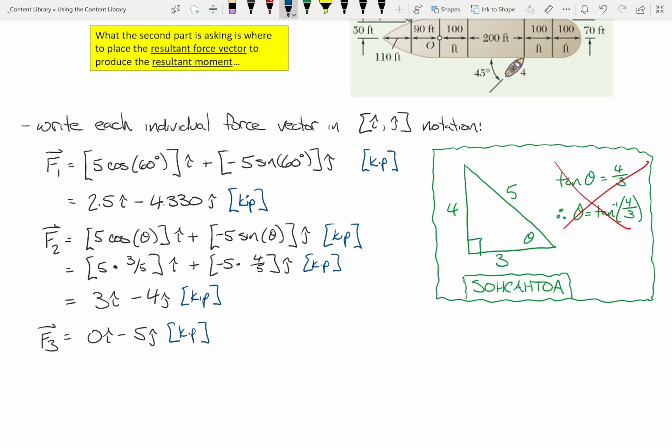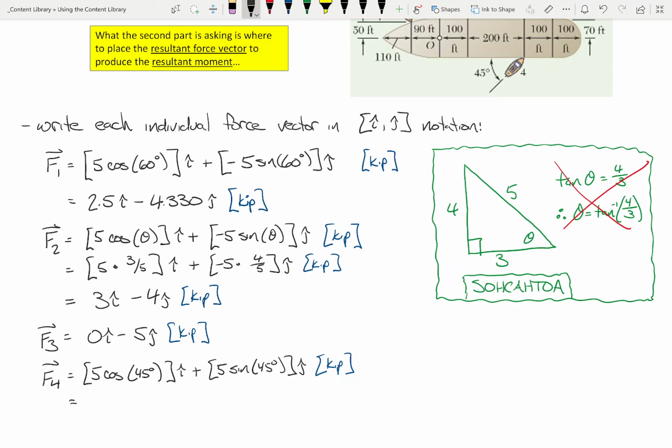So for F4, the cosine of 45 degrees and the sine of 45 degrees are equal, so I can just do one of them.